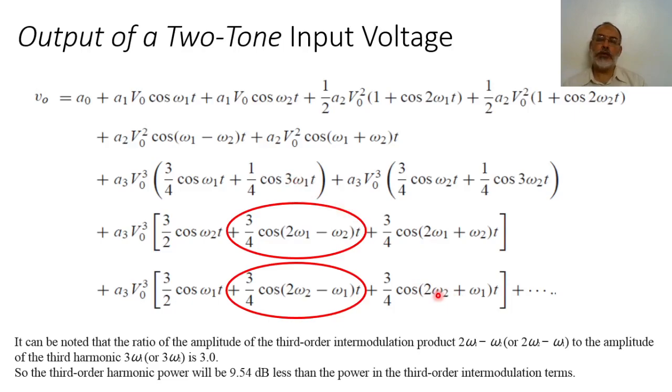So they are outside the operating bandwidth. The only terms which will be inside the operating bandwidth will be 2ω1 − ω2 and 2ω2 − ω1.